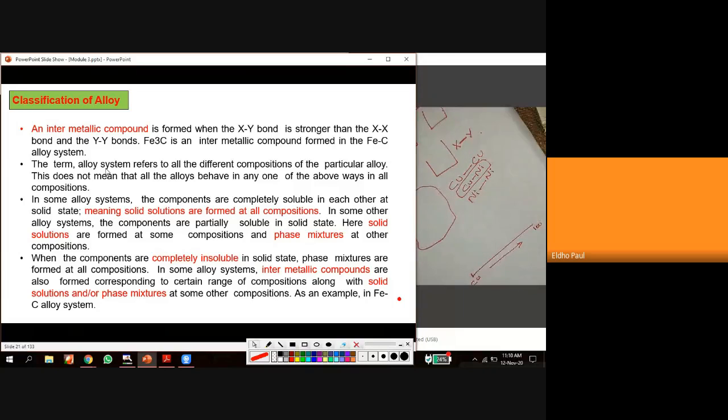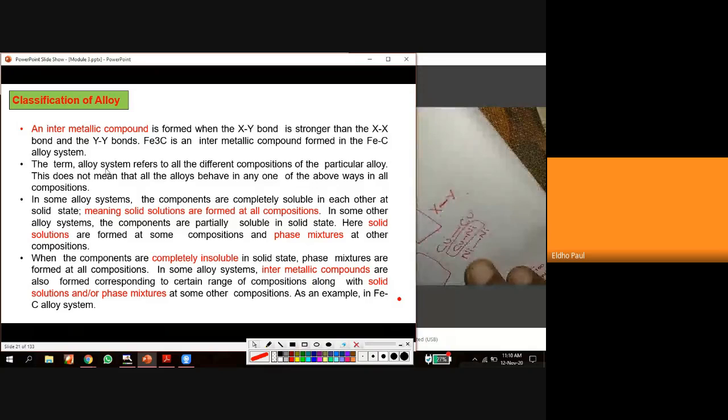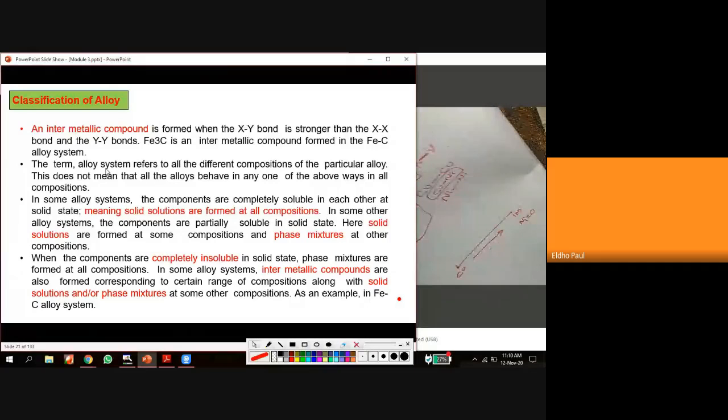And here it is nickel. At this point, nickel is 0, and it is increasing in this direction to 100%.